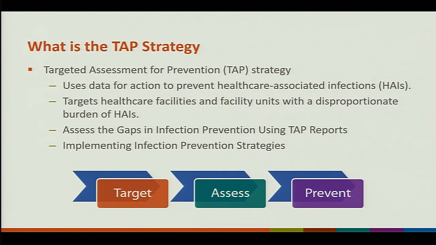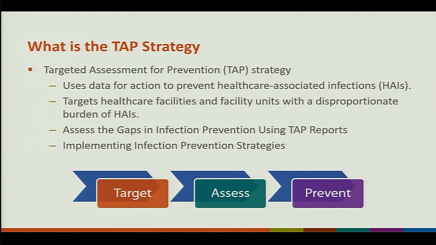But that may not be the entire picture of what's going on at that facility. And what the TAP strategy is aimed at doing is not just looking at that data, seeing that picture, seeing that report that we can pass to our stakeholders, to our higher ups within the hospitals.